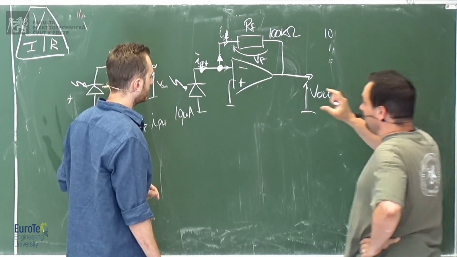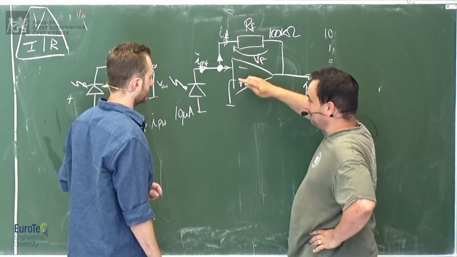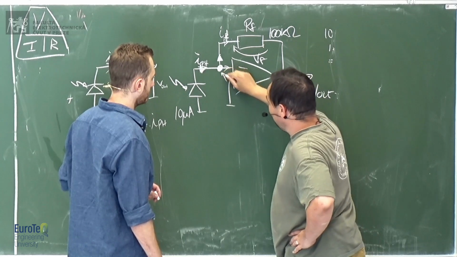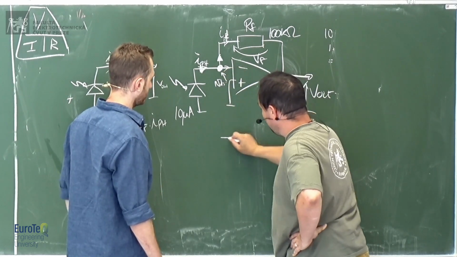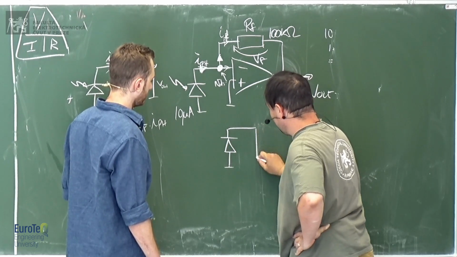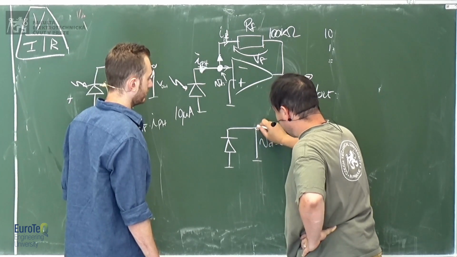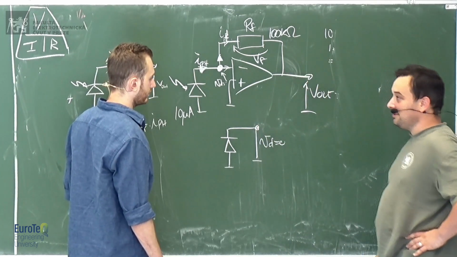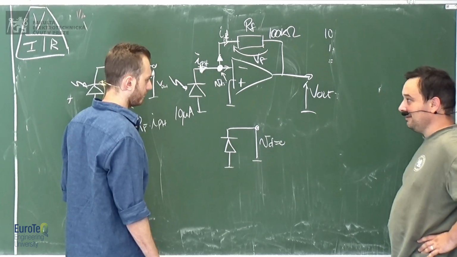What is the input impedance that you see here? Infinity. No. What is this voltage? 0. But it's virtual, still, from the potential point of view, the voltage there is 0.